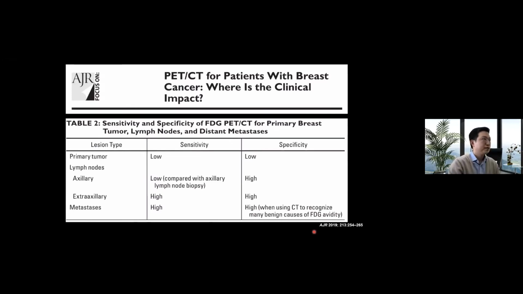So this is a very simple summary of the sensitivity and specificity of FDG PET CT scan. It was published recently in 2019.